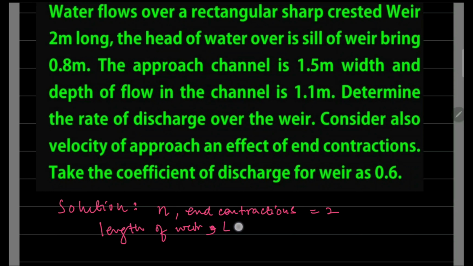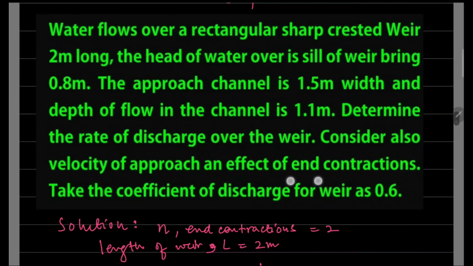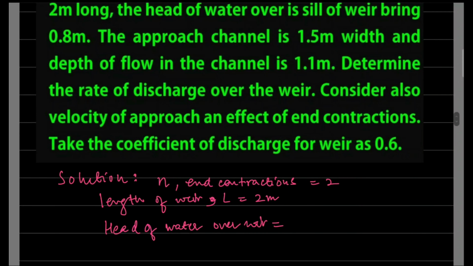So we write L is equal to 2 meter. And another thing is the head of the water over the weir that is given to us. That is, head of the water is 0.8 meter. So this value we just write with the letter H, that is 0.8 meter.